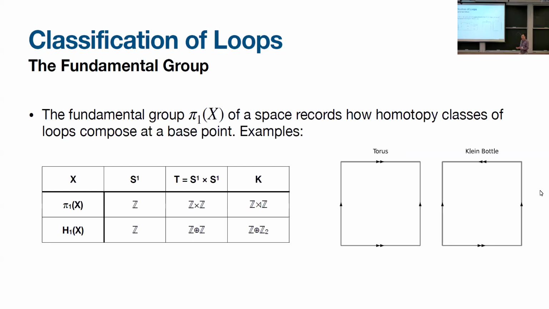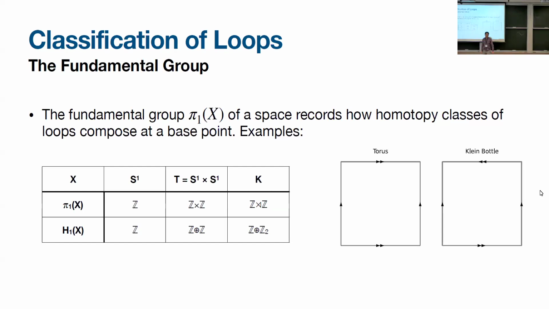So how do we classically measure loops in our space? We use something called the fundamental group. We want to record loops in space up to continuous deformation. Those form classes of loops in space, and since we can compose loops to form new loops, they form a group. And here are some sample spaces.